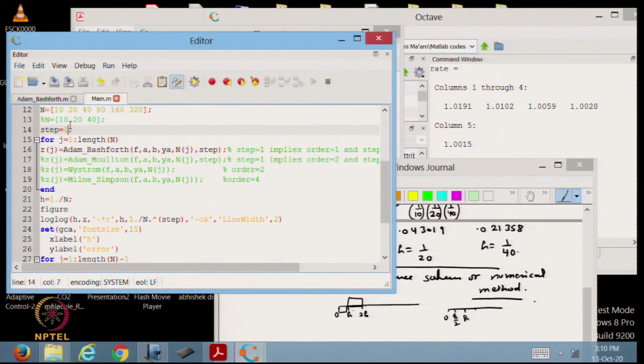Correspondingly I have implemented different algorithms for step 1 and step 2 in the Adams-Bashforth function. That is why I am taking this variable step equal to 1 to choose forward Euler, and step equal to 2 to choose another difference scheme, which we will see, called the AB2 method.